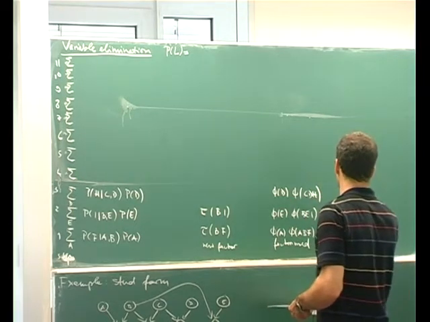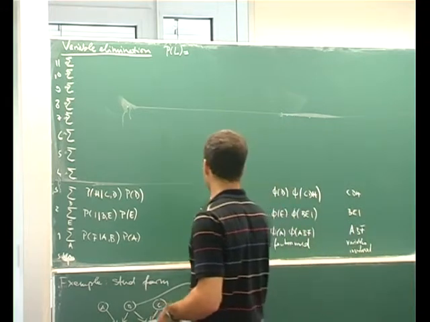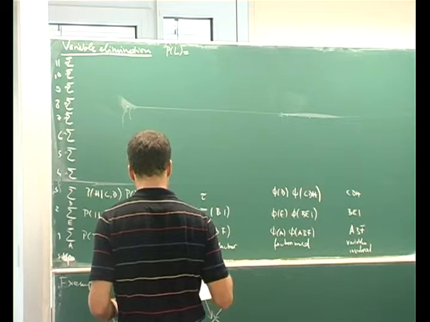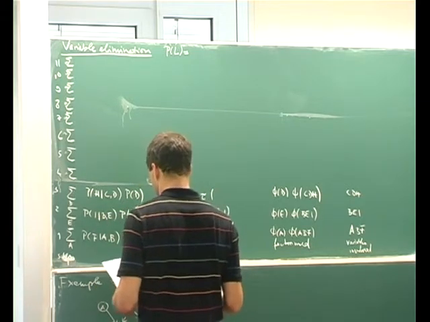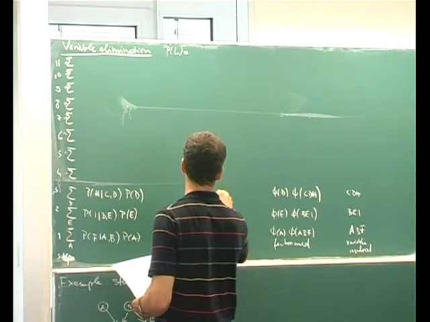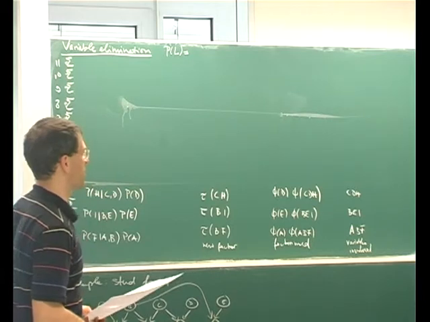Those are also the variables involved. And after integrating out, I generate a new factor which no longer depends on D, so a factor with scope C and H.